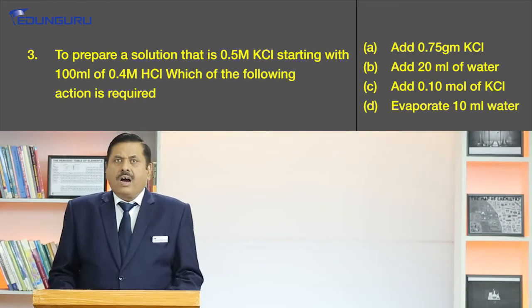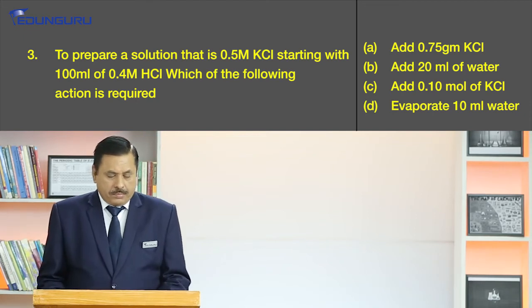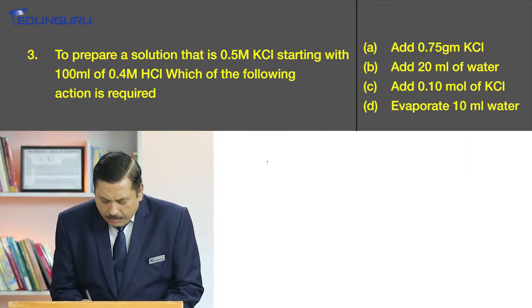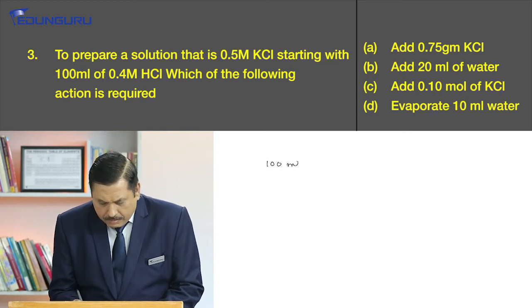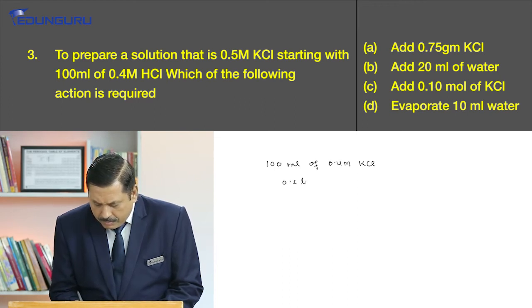Now let us see how we solve this question. Initially, we have 100 milliliter of 0.4 molar KCl. That is, we have 0.1 liter of 0.4 molar KCl.